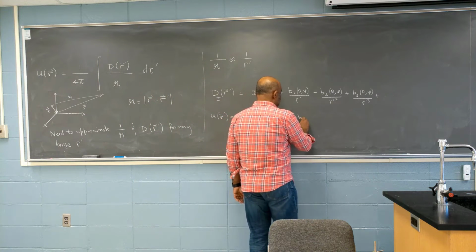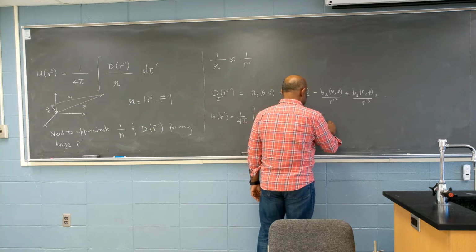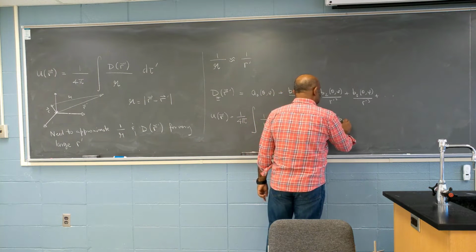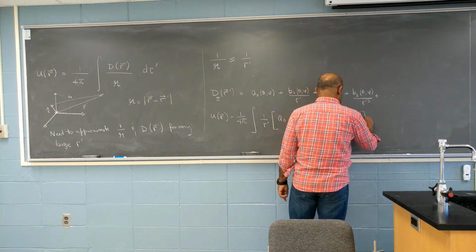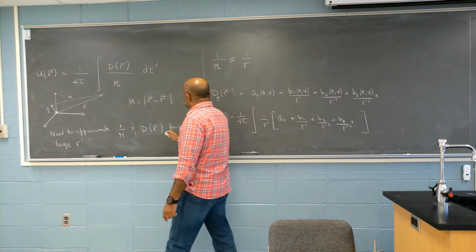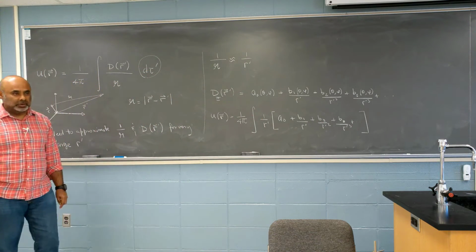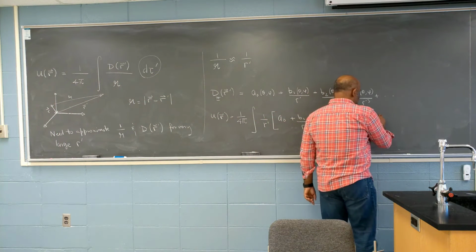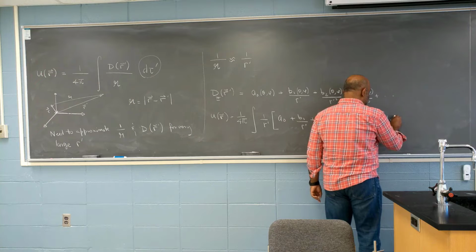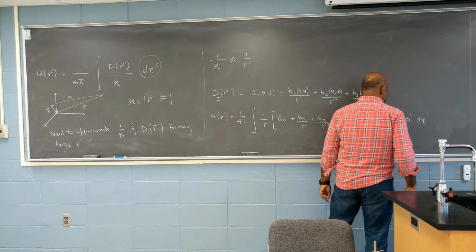Plus b1 over r prime plus b2 over r prime squared plus b3 over r prime cubed. And then the volume integral, obviously, I want to use a spherical coordinate system. So I will have r prime squared dr prime d theta prime d phi prime.